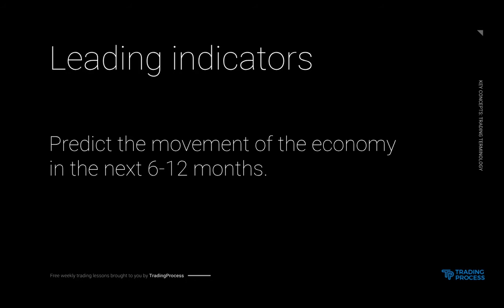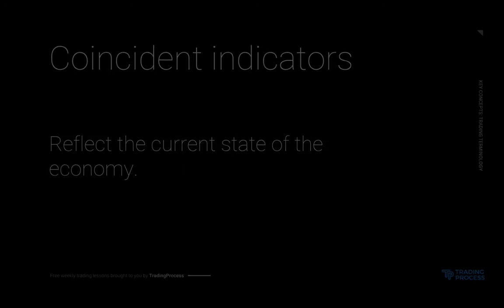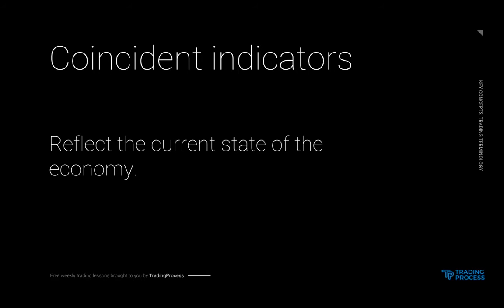On the other hand, we have coincident indicators. These indicators reflect the current state of the economy. Professional investors or traders use coincident indicators to confirm their views. First they study the leading indicators and predict the economy 6 months down the line, then they look at coincident indicators to see whether their views were right or wrong.